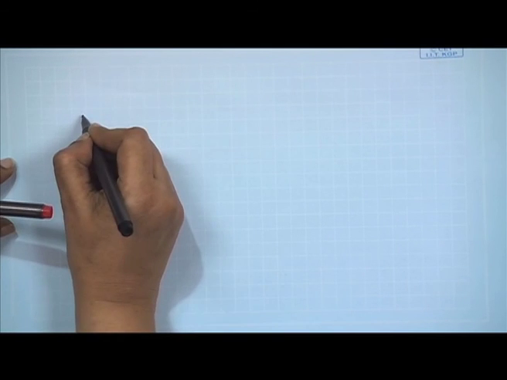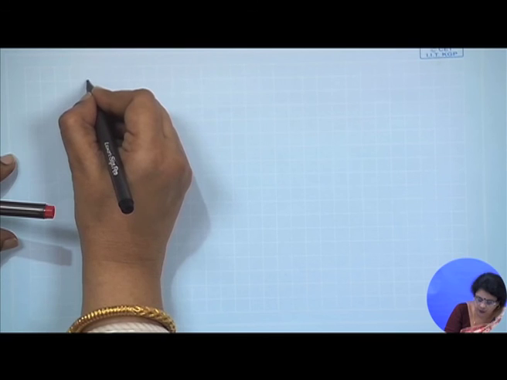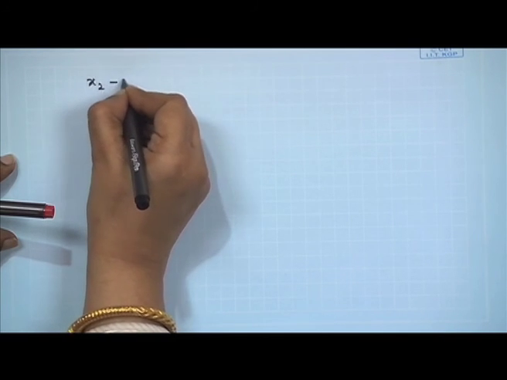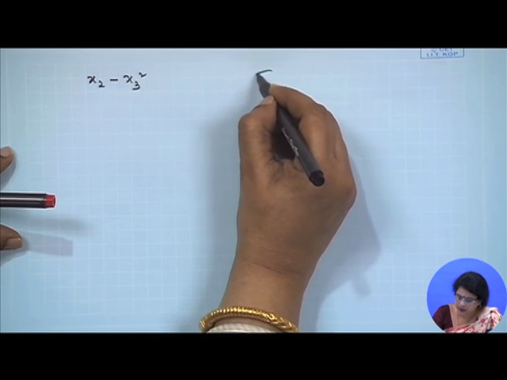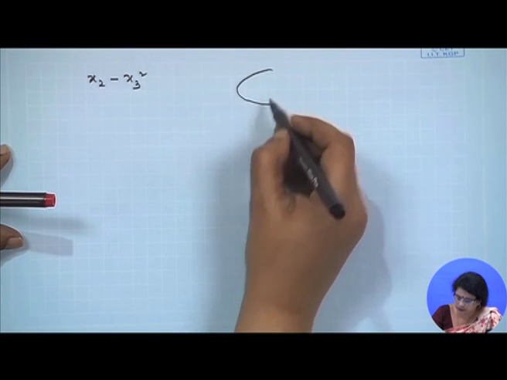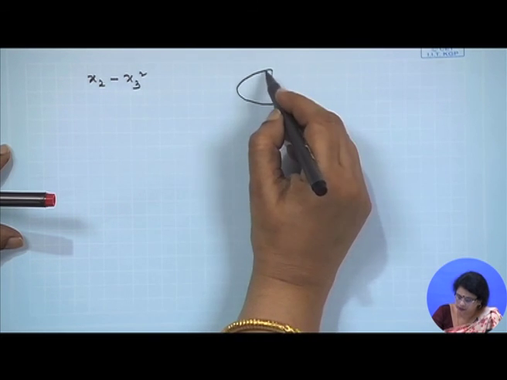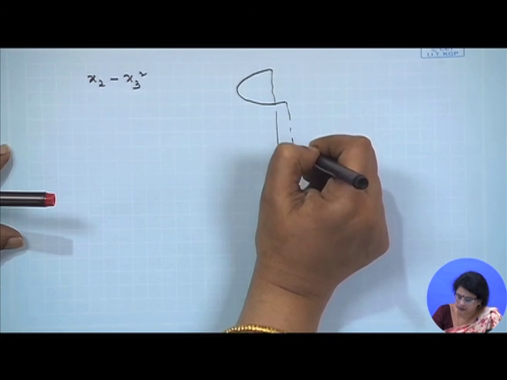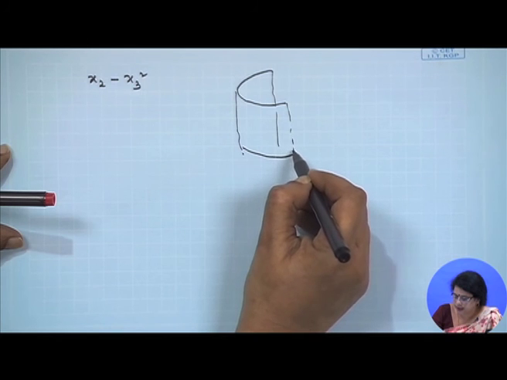Now, say we have 3 coordinate axes. One function is x2 minus x3 square. How does it look? It looks like this, because this is a surface for us.